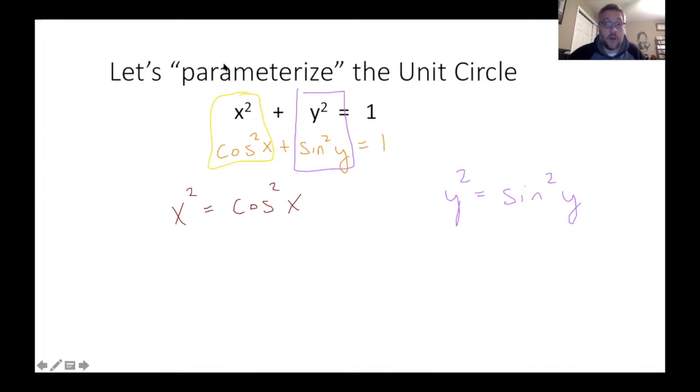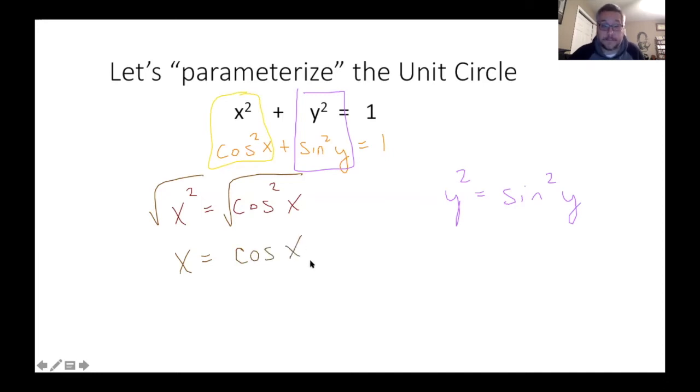So now, what happens if we solve this for x? You take the square root of both sides. So the square root of x squared is just x. The square root of cosine squared is just cosine.